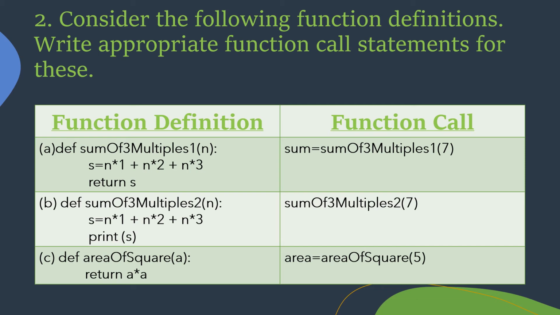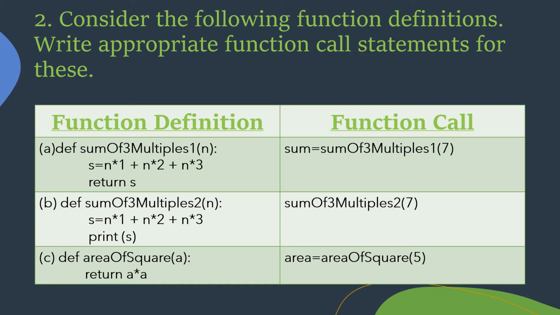Now the next function is area of square, within parenthesis a. A is one parameter. Then it is returning a into a. Since this function is returning some value, it's having a return statement, so it has to be stored in a variable. Let's say I've taken a variable called area, and area is equal to area of square.